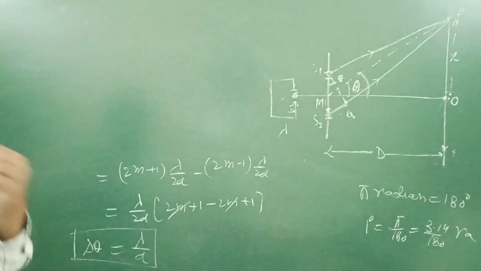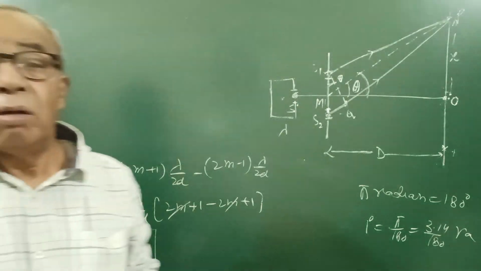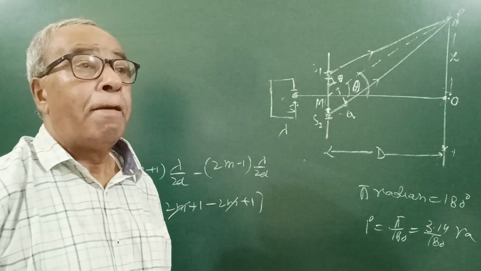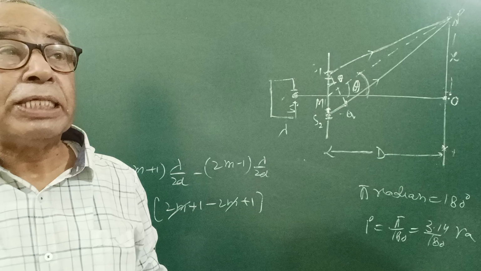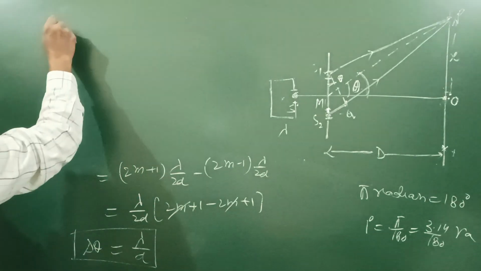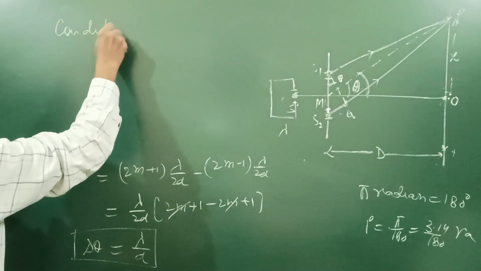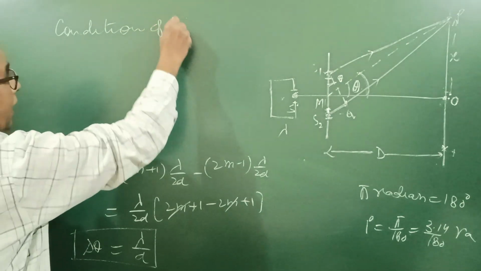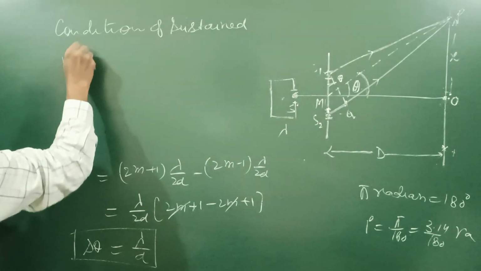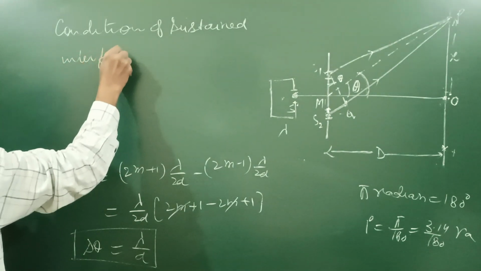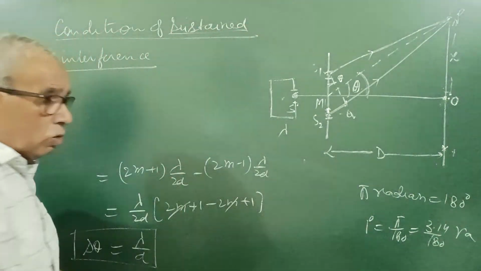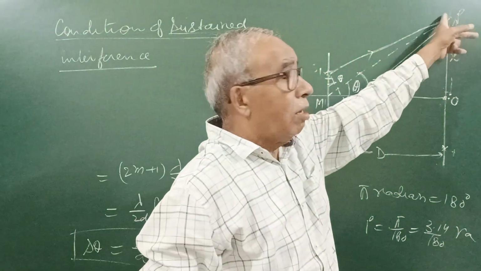But now here there is a very important point. How to obtain an interference pattern, or some people say, condition of sustained interference. Sustained means if there is a bright fringe, it always remains bright.